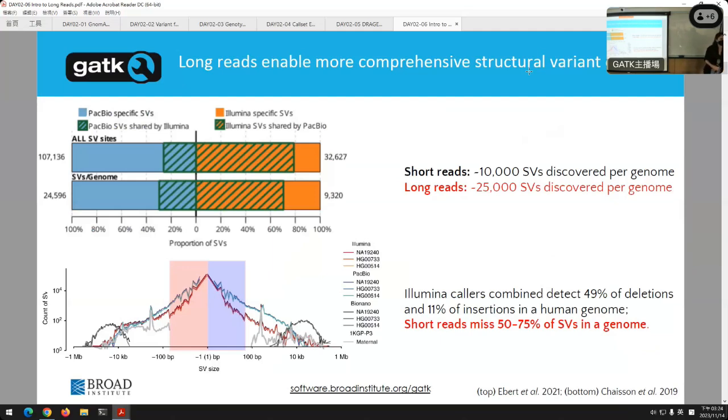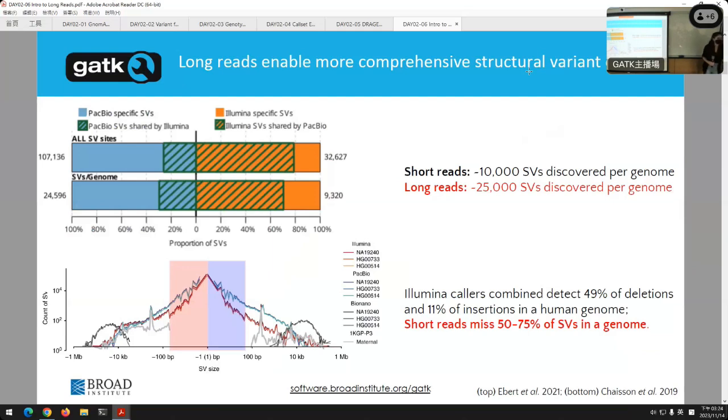But we're just able to get a much more complete picture of the structural variation using long reads. We can see in the top figure that from short reads, we can typically find about 10,000 SVs per genome, but from long reads, we can find about 25,000 SVs per genome, so about 2.5 times more.